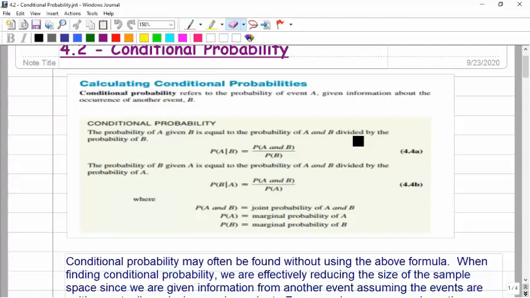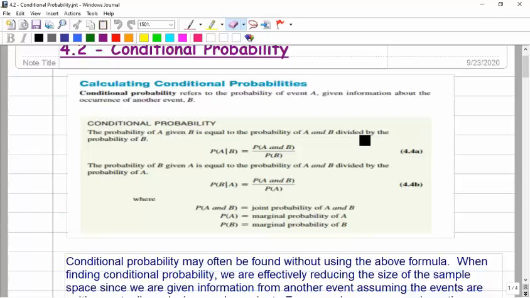But what if we asked, what's the probability of rolling a 2 given that we know we rolled an even number? However you know, it doesn't matter, but you know that it's even. Then you no longer have 6 numbers to choose from, correct? You would only have 3: a 2, a 4, and a 6. So the probability of rolling a 2 given that condition would be 1 out of 3, not 1 out of 6. That's essentially the idea of what we're doing here.